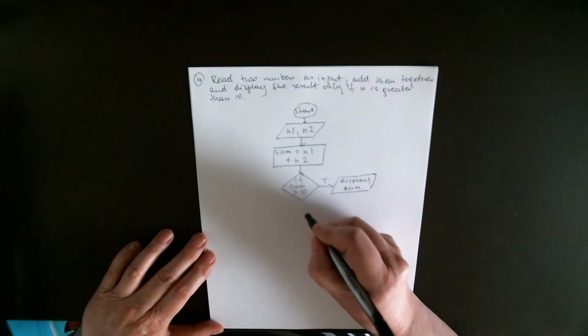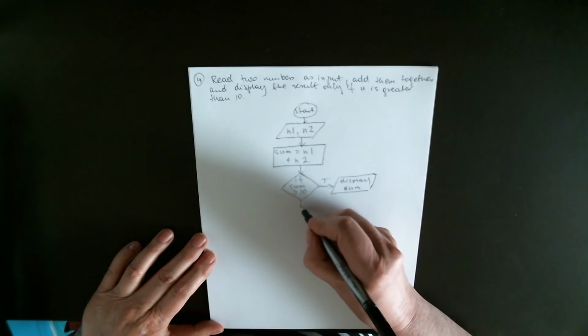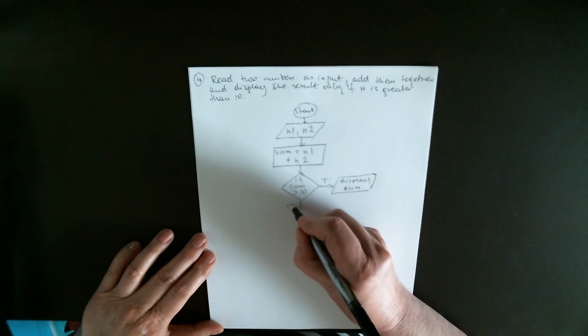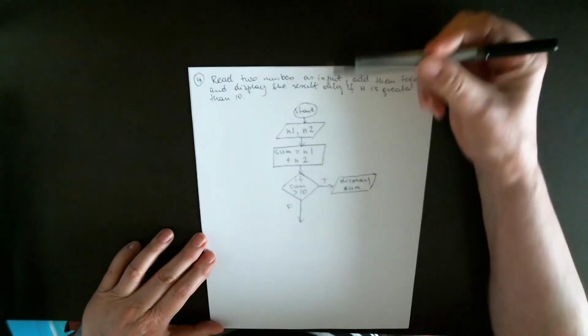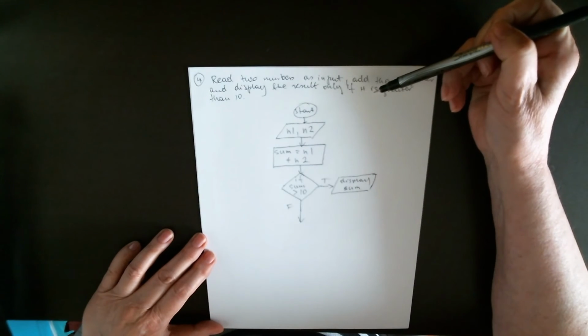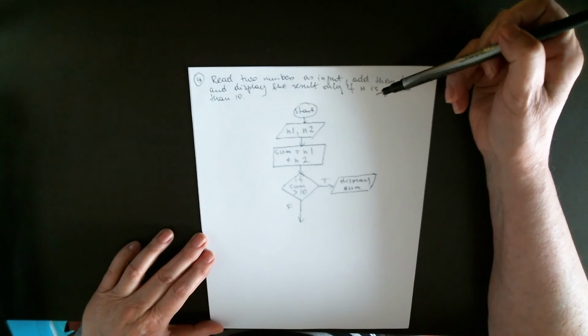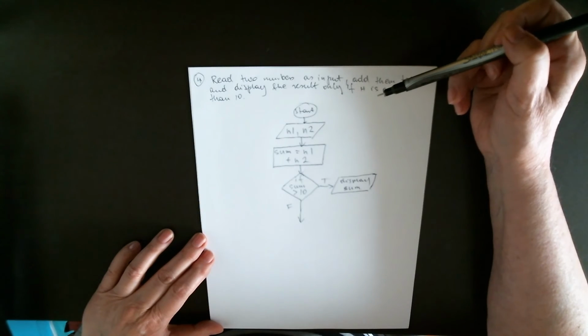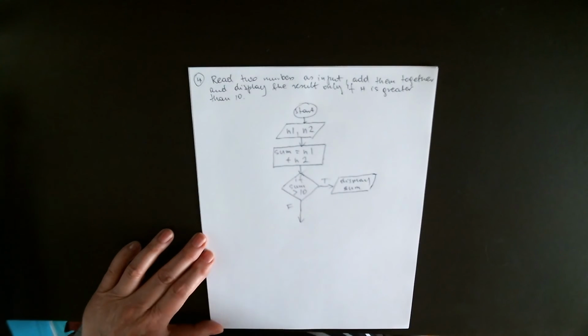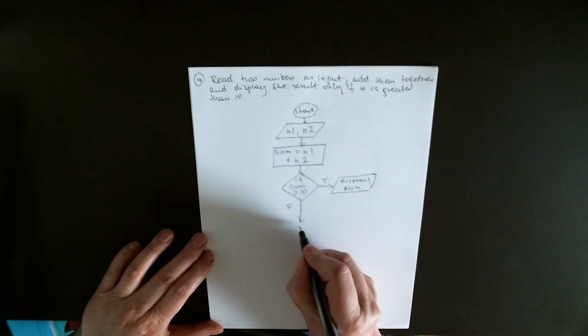All right. So what do we do if it is false? Do we have anything about it? No. If we don't tell anything to the computer, it is not going to do anything. So we are going to skip. We have said nothing. And we'll just say stop.